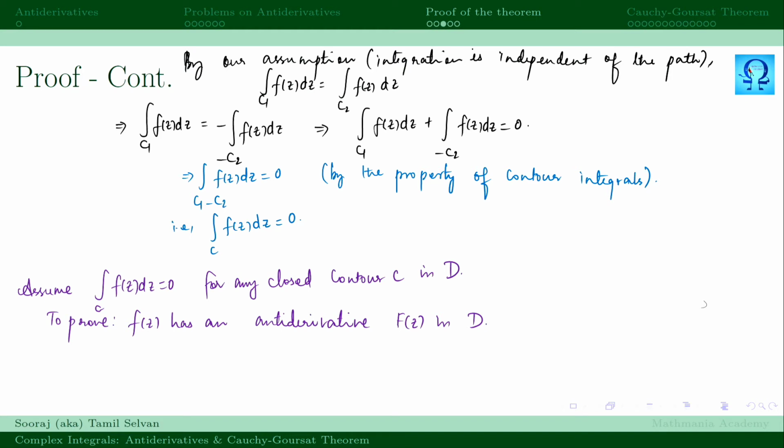So what are we going to do? Now we'll assume that the values of such integrals are in fact 0. Yes, that is the thing we have assumed. And we start by showing that the integration is independent of the path in D. So this is our assumption, with which we start showing that the integration is independent of the path in D. Hope you are getting what I'm trying to say.